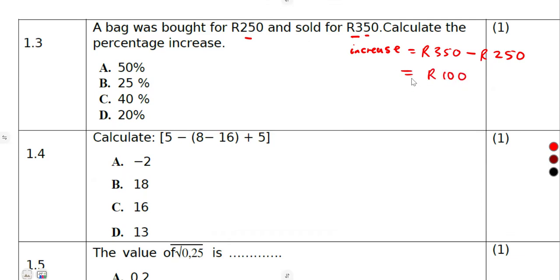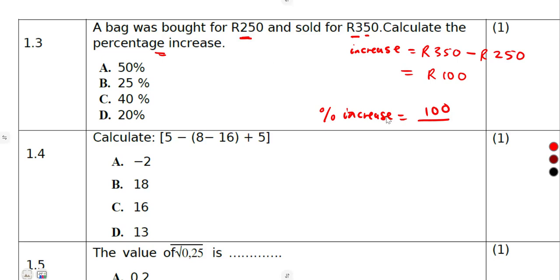All right. So that's our increase. But we need percentage increase. So to obtain our percentage increase, that is simply going to be 100, our increase, over the original.